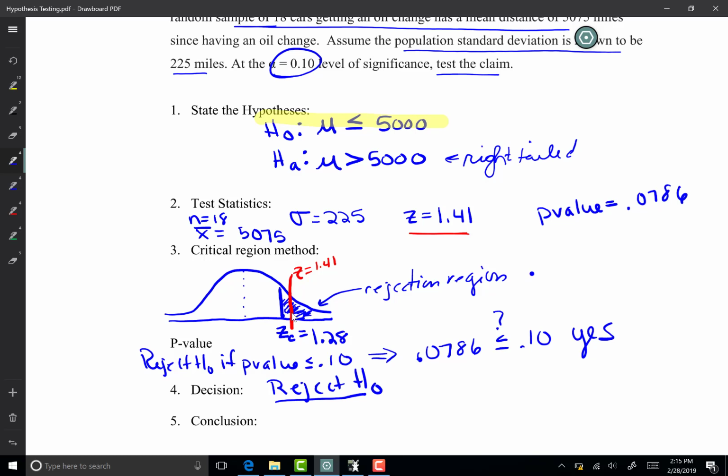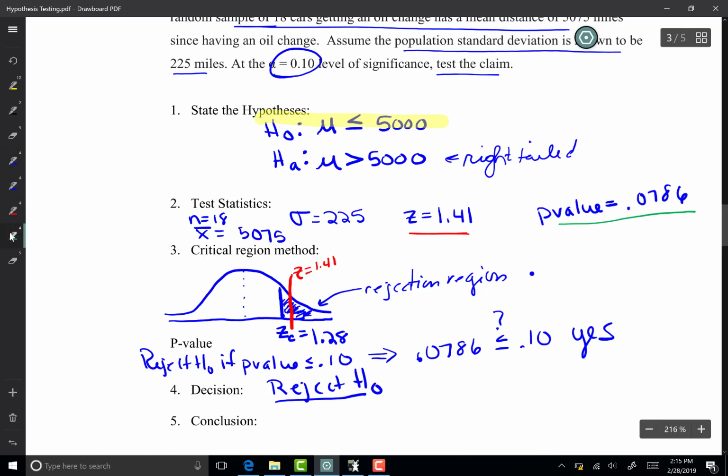Does this make sense? Let me explain what the p-value is here. Our p-value is actually this area under the curve right here to the right of our test statistic. Back when we did the normal distribution, we could find this p-value from the table by looking up 1.41 and subtracting from 1, which gives us this area right here, our p-value.